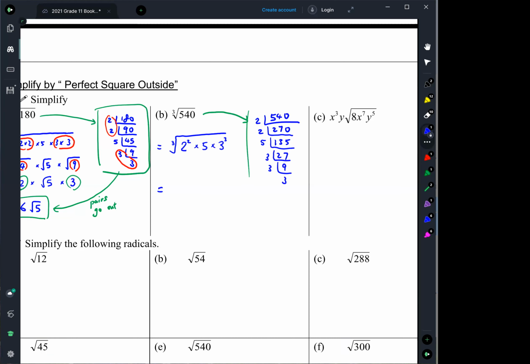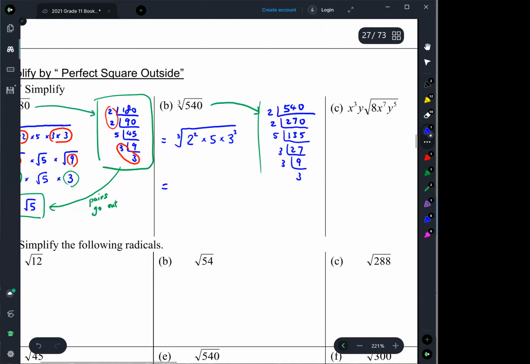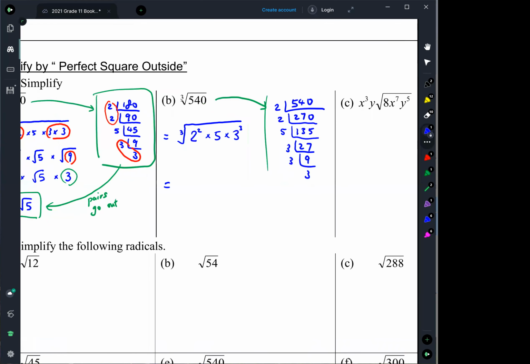Wilson, from here, which number is able to go out and leave the radical? 3. This is a cube root, so you need a triplet. 3, 3, 3. Yes, so this one can go out.